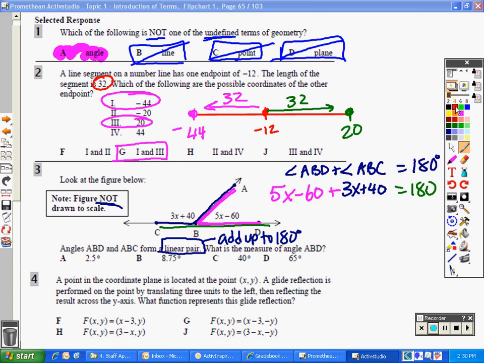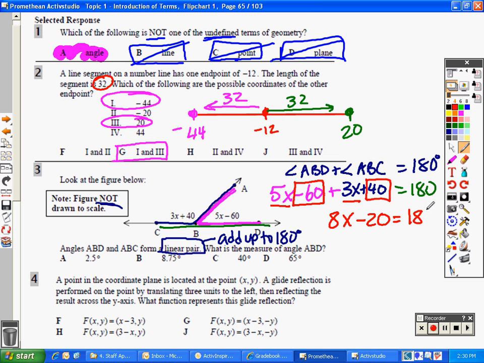All right, let's combine like terms. We're going to combine all the terms on the left-hand side that have x's. We have 5x's and 3x's, so that's 8x's. Then we can combine all the terms on the left-hand side that have numbers. -60 plus 40 is -20. There was nothing to combine on the right-hand side. All right, let's keep solving for x. I'm going to take away this 20 by doing the opposite, adding it.